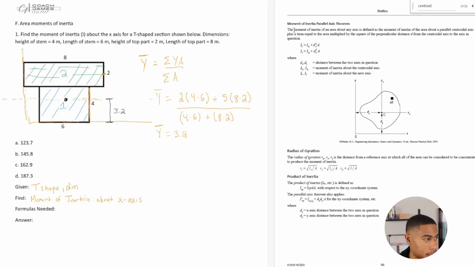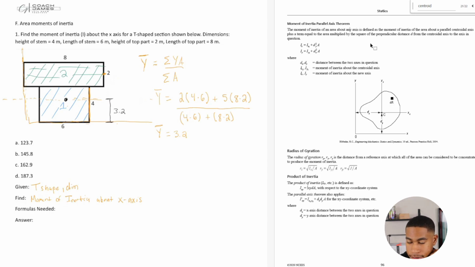It basically states that the moment of inertia of an area about any axis is defined as the moment of inertia of the area about a parallel centroid axis plus a term equal to the area multiplied by the square of the perpendicular distance from the centroidal axis to the axis in question. So what does all that mean?